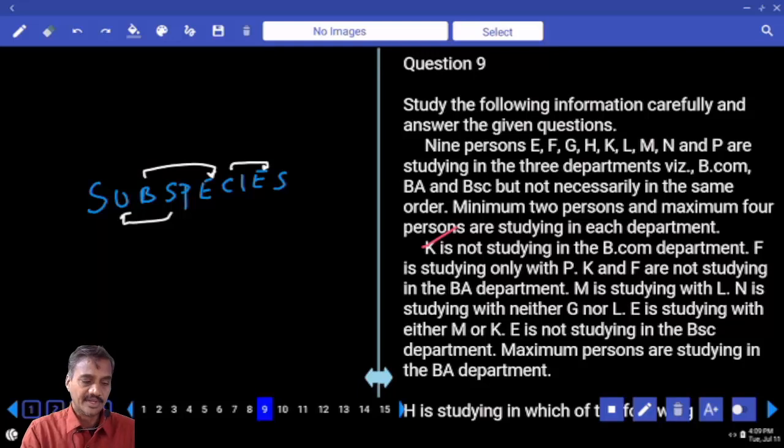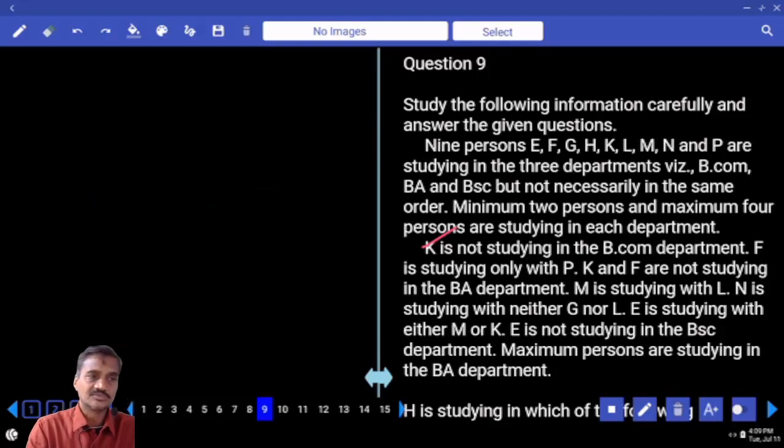Then 9 onwards. Now coming to 9, there are 9 persons studying in 3 different departments, and it comes under the common parameter, isn't it? Minimum 2 persons and maximum 4 persons.